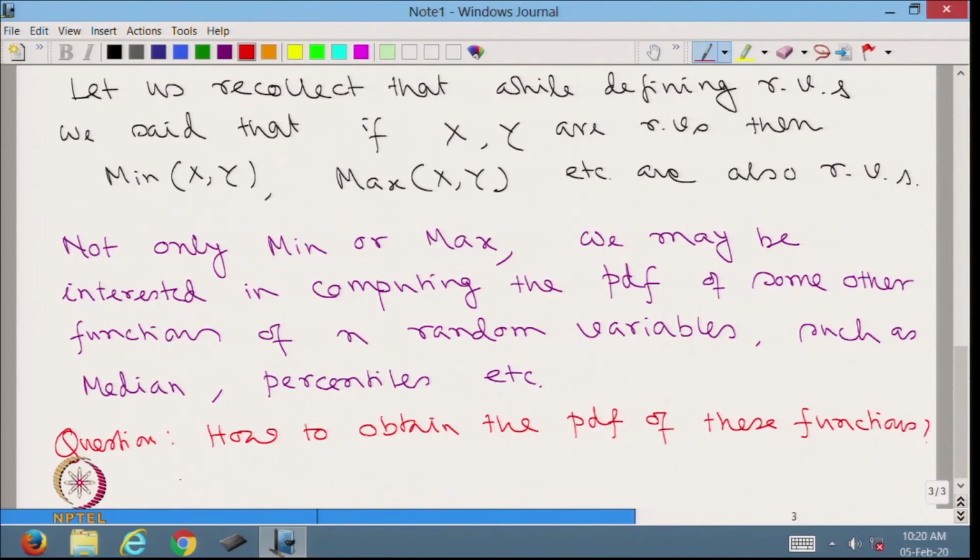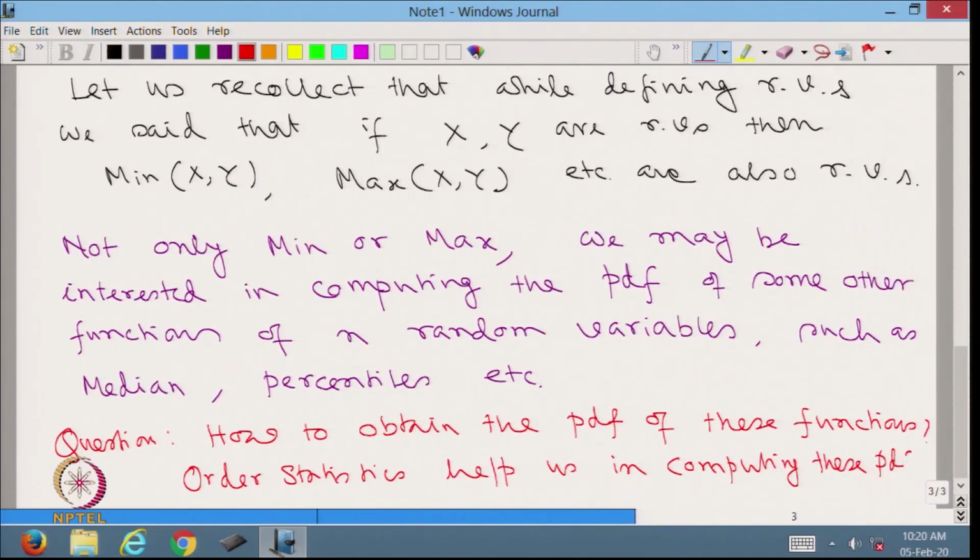Order statistics help us in computing these PDFs. So, with that small introduction, let us define what is an order statistic.